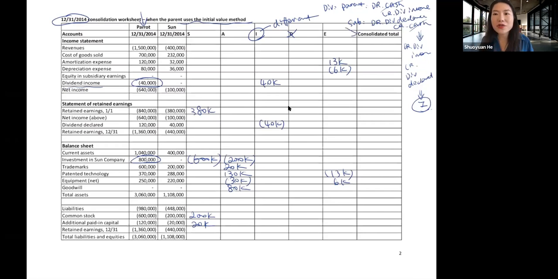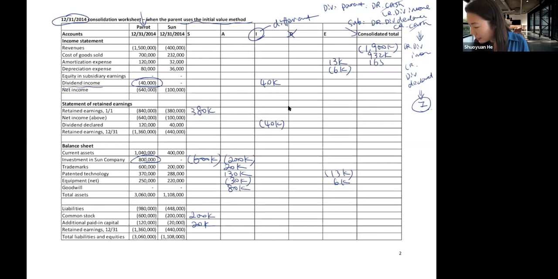So here we just do what we did before. We add up almost everything horizontally first. So on the income statement, revenue adds up to 1,900,000. Cost of goods sold, 932,000.